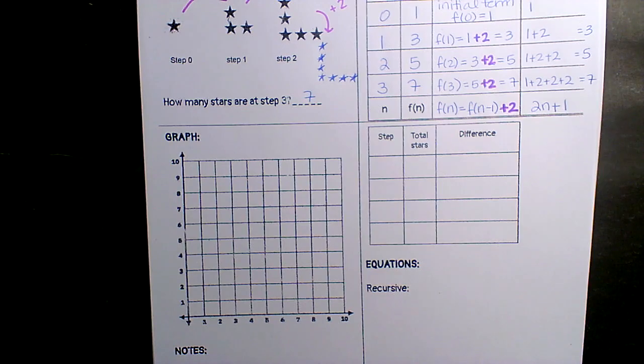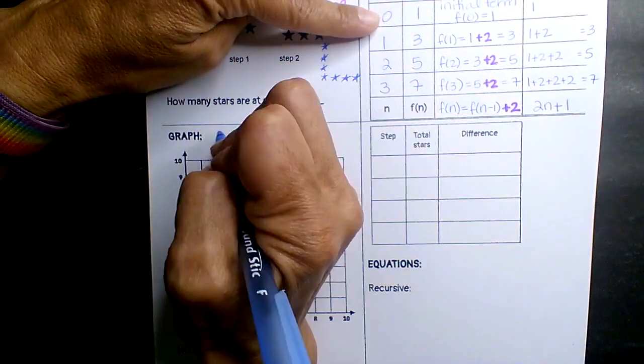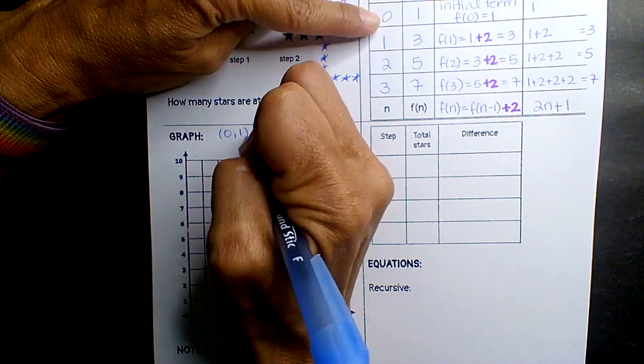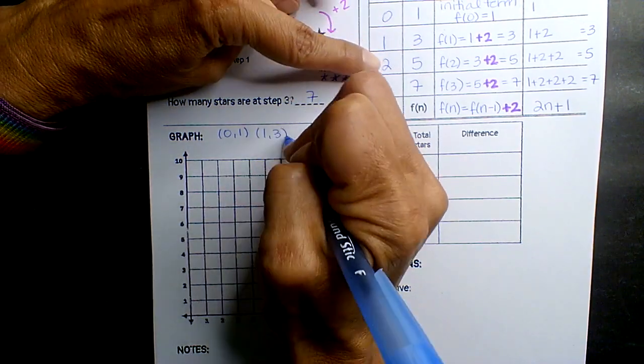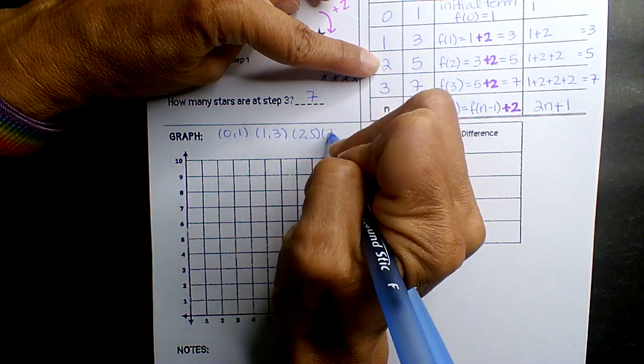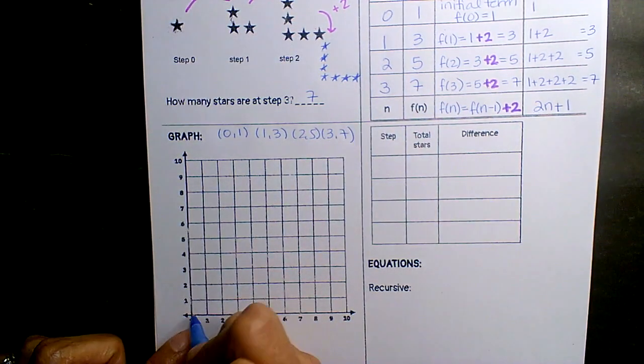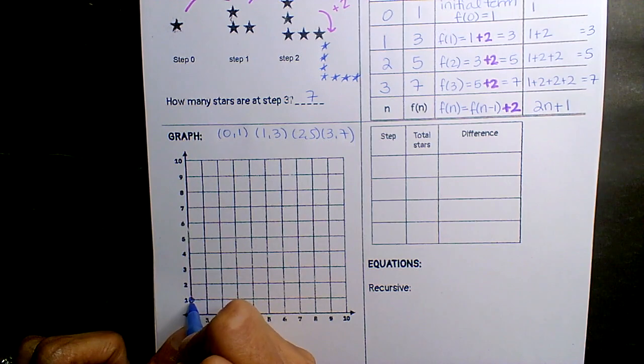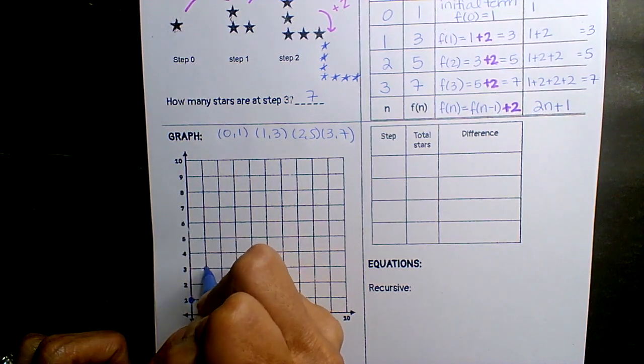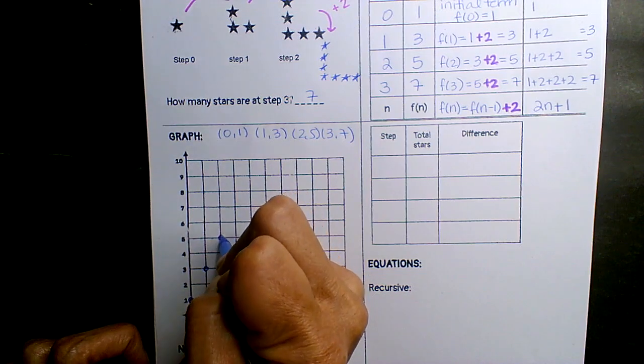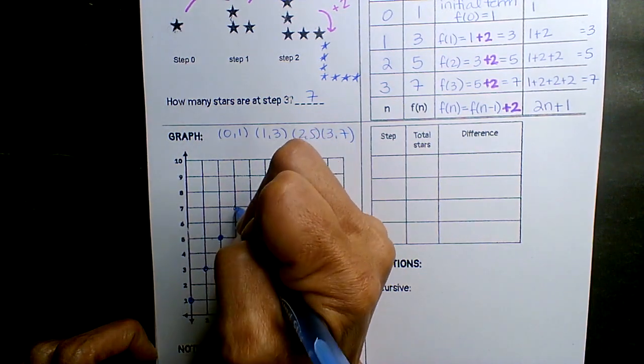Discrete graph, okay? So you have (0, 1), (1, 3), (2, 5), (3, 7).